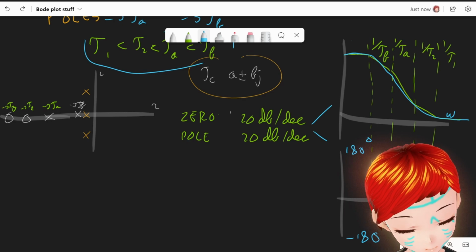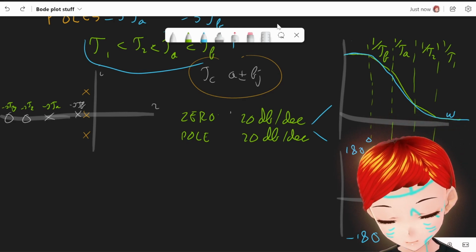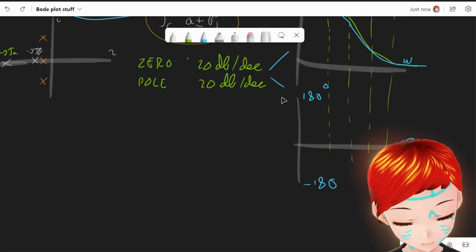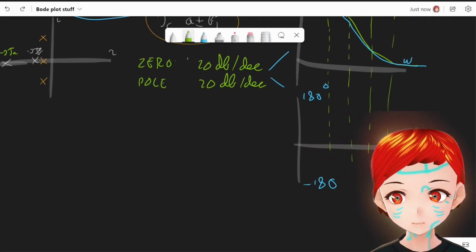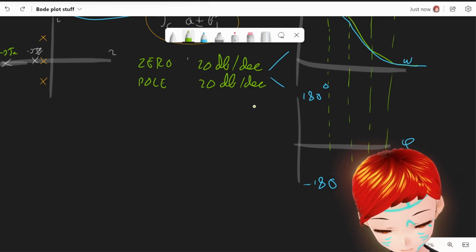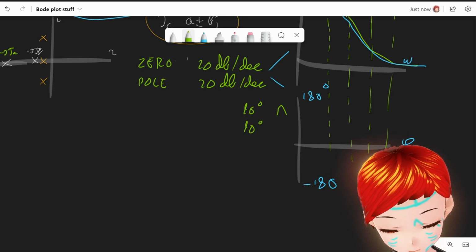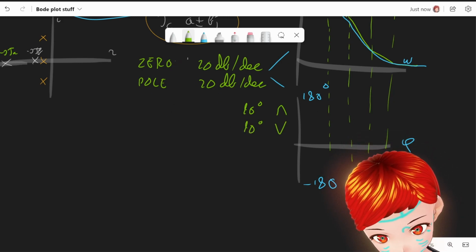Next up, there's the angle plot. A similar situation is also the case with the angular plot. Whenever there's a zero in this plot, it's going to go 90 degrees up, while for every pole, it's going to go 90 degrees down.